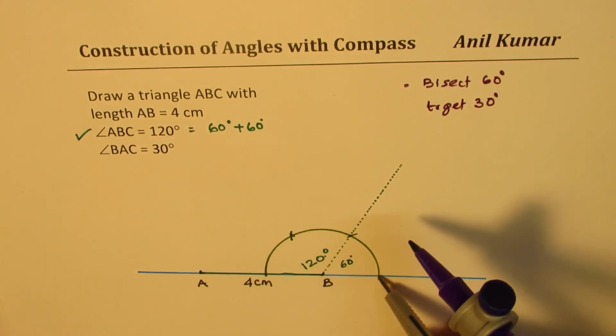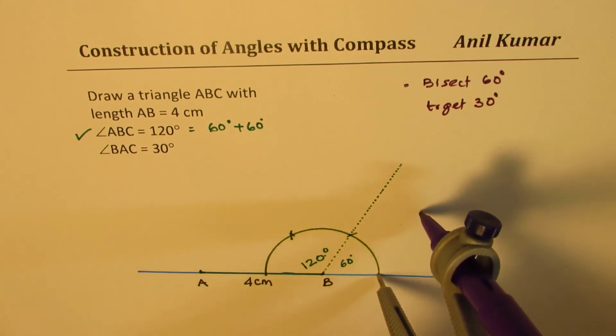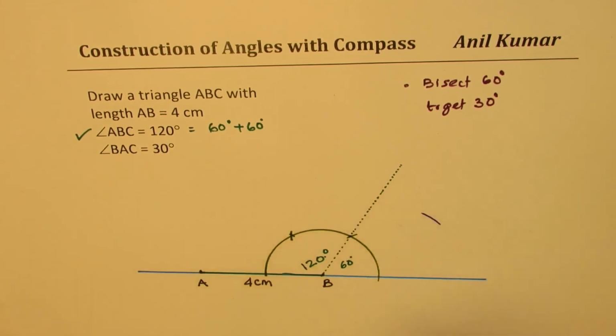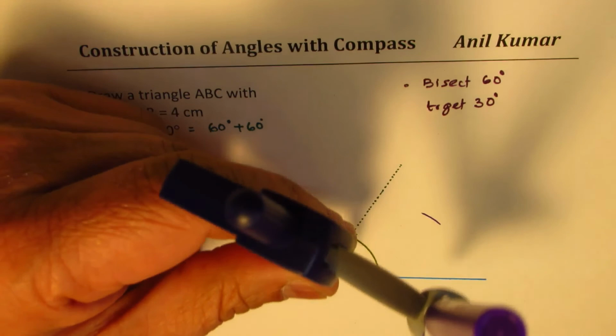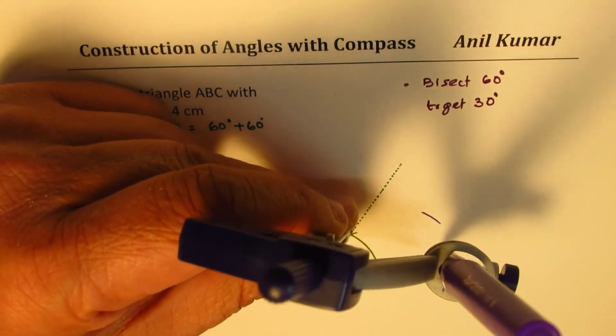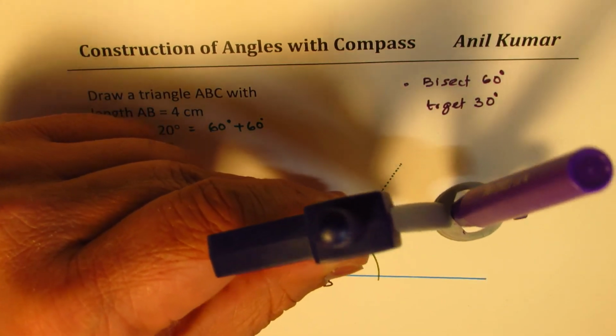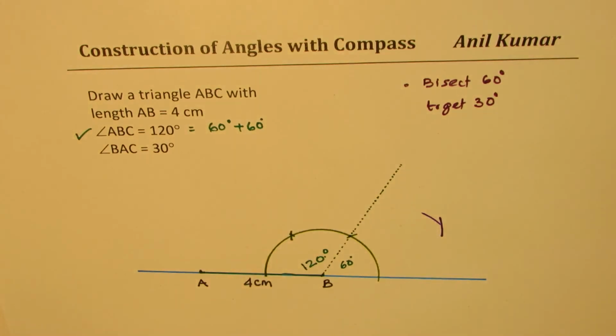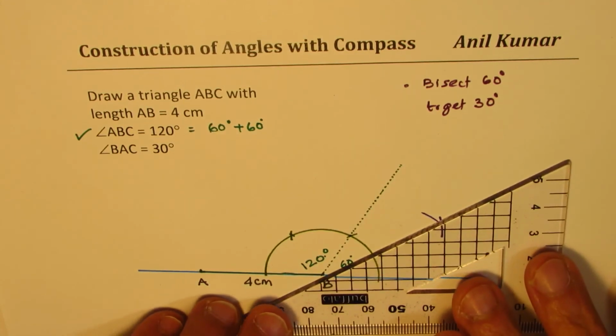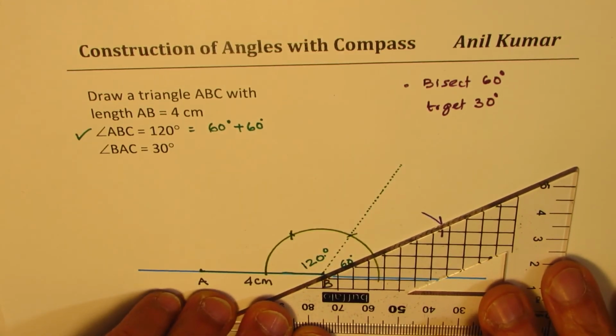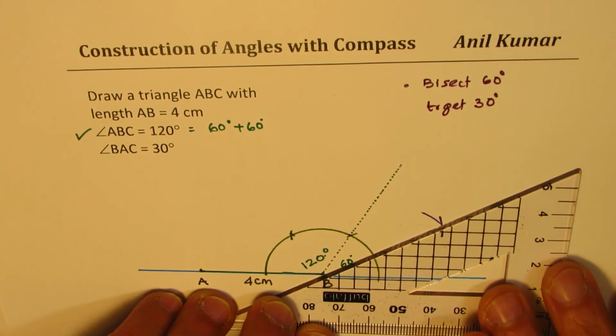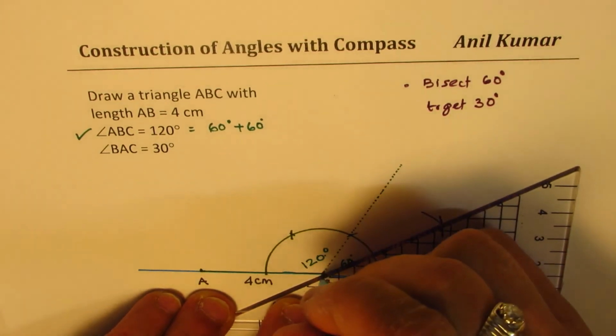So we learned a lot of strategies using this particular example. That's the whole part to learn, right? So let's bisect 60 degrees, which is same arc from this. We nearly got a point. We'll use that. So we get a line here, and this line, when joined with B, will give us 30 degrees, right?